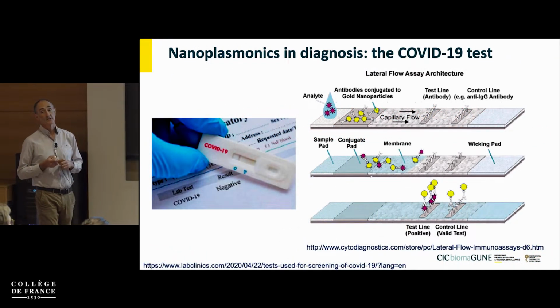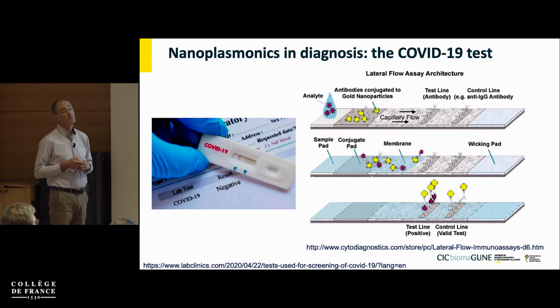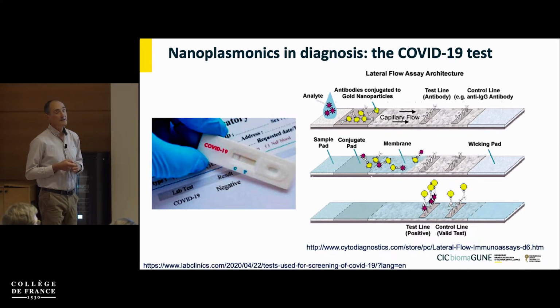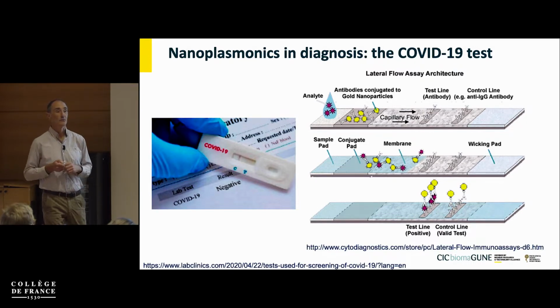Okay, so I already showed you this slide, I think, which is related to one of the most popular integrations of plasmonic nanoparticles into biosensors, originally designed for the pregnancy test and then applied to many other types of sensing based on these lateral flow assays, and most recently used for the so-called antigen COVID tests.